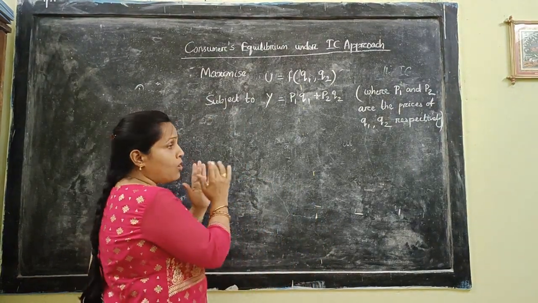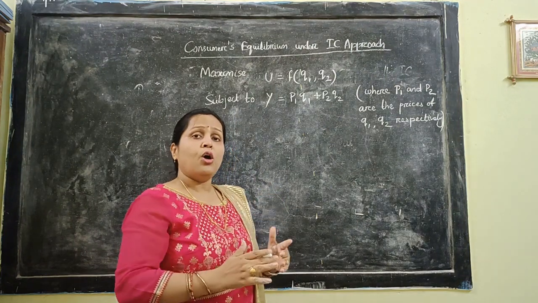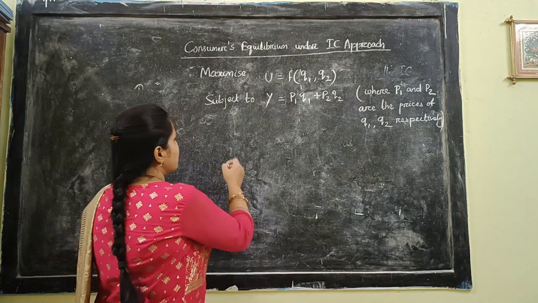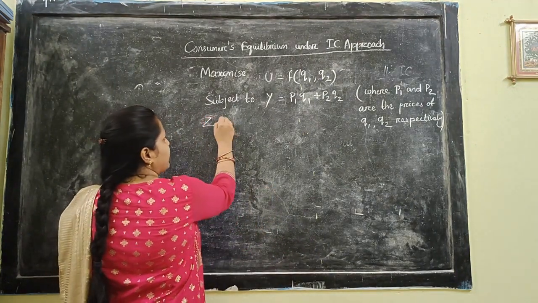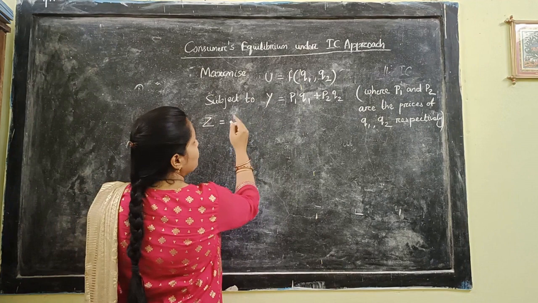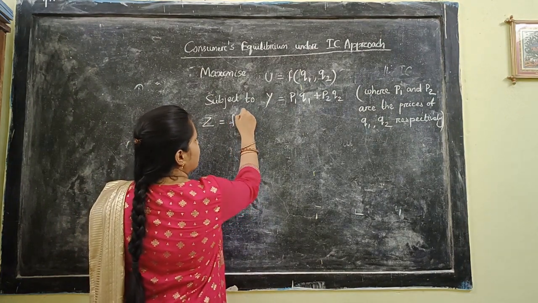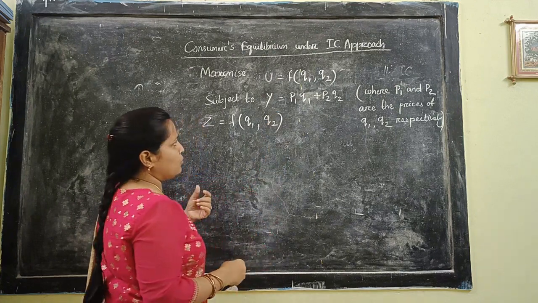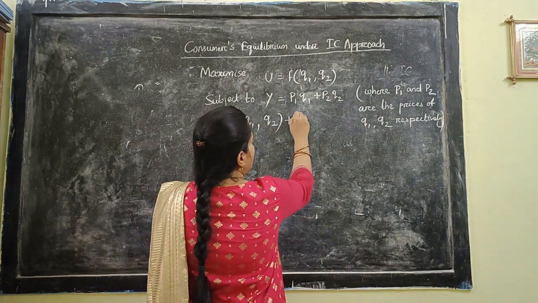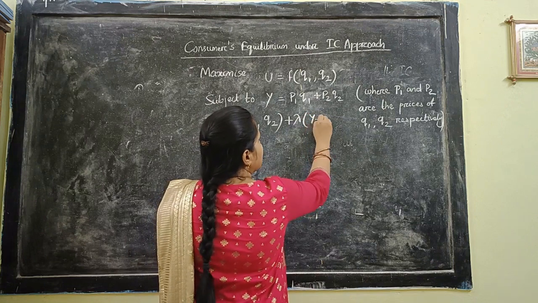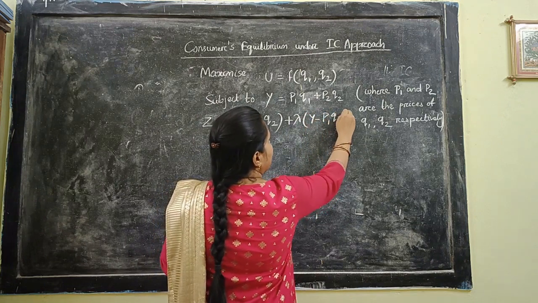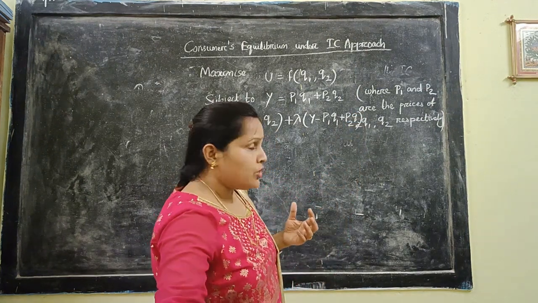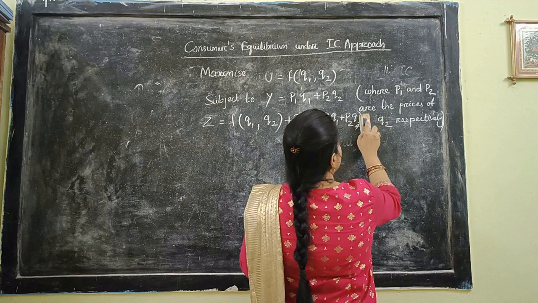So let's form that composite objective function, or otherwise we sometimes call it the Lagrange function, and I am giving it the name Z. Z is equal to the objective function f of Q1 and Q2 plus lambda times (Y minus P1 Q1 minus P2 Q2).